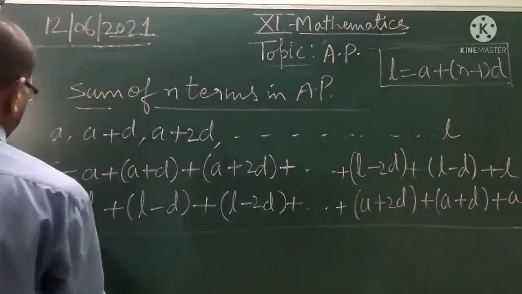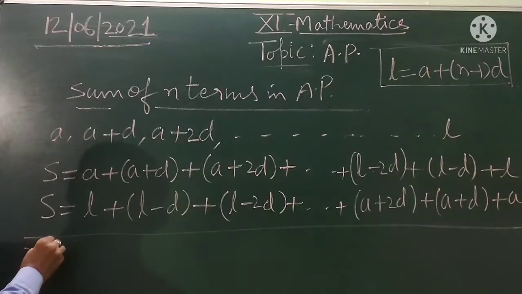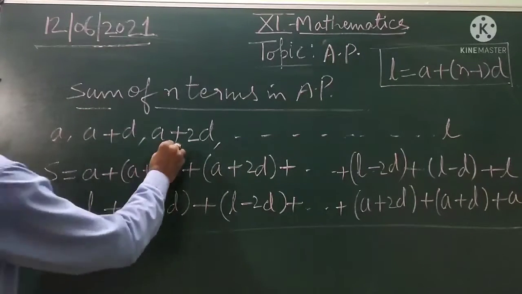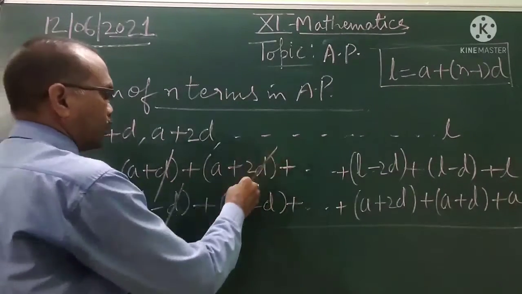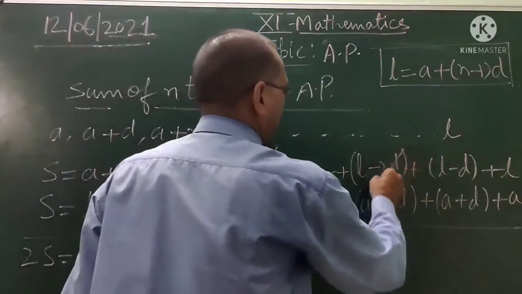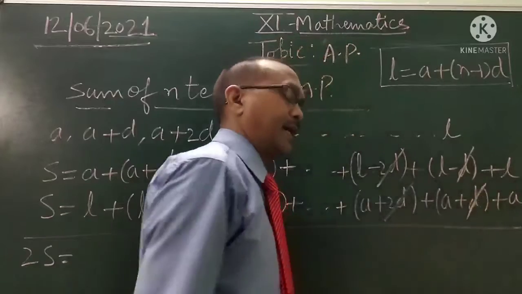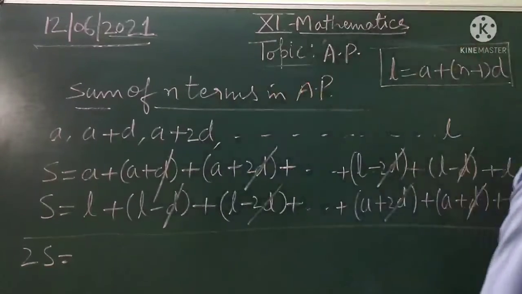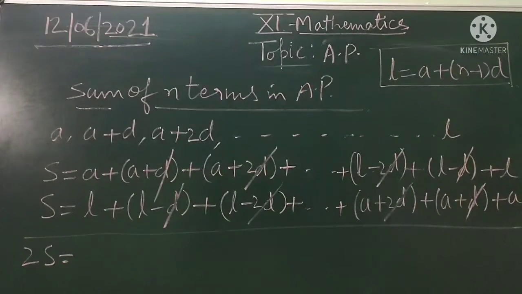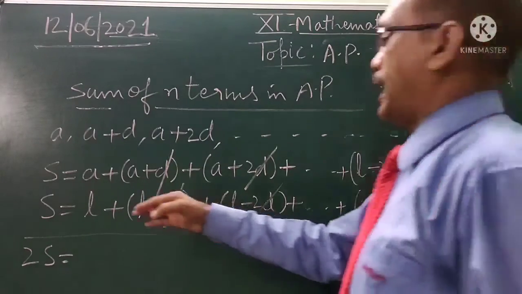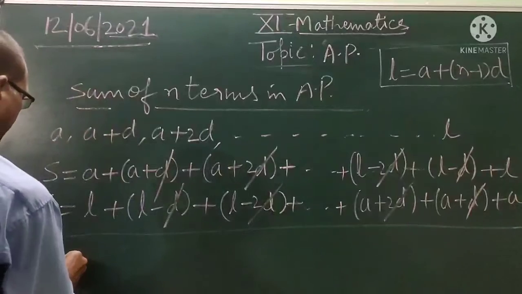Now adding, S plus S is 2S. Here d and d cancel. Here 2d and 2d cancel. Minus 2d plus 2d cancel. d and d cancel here. Now S plus S is 2S.